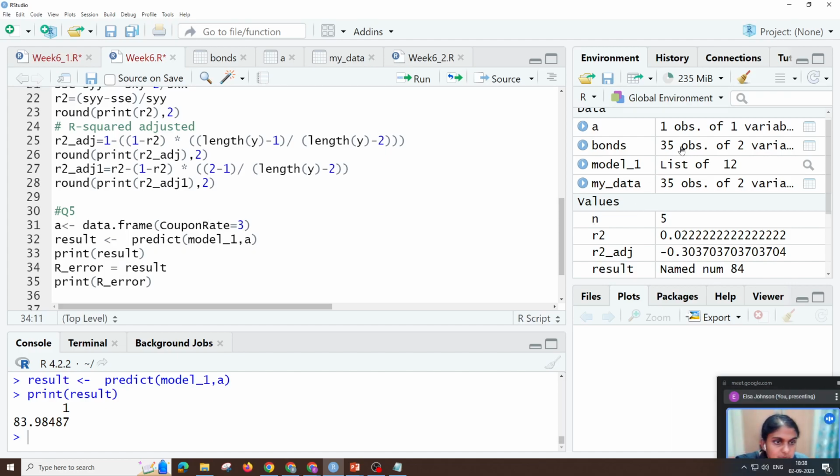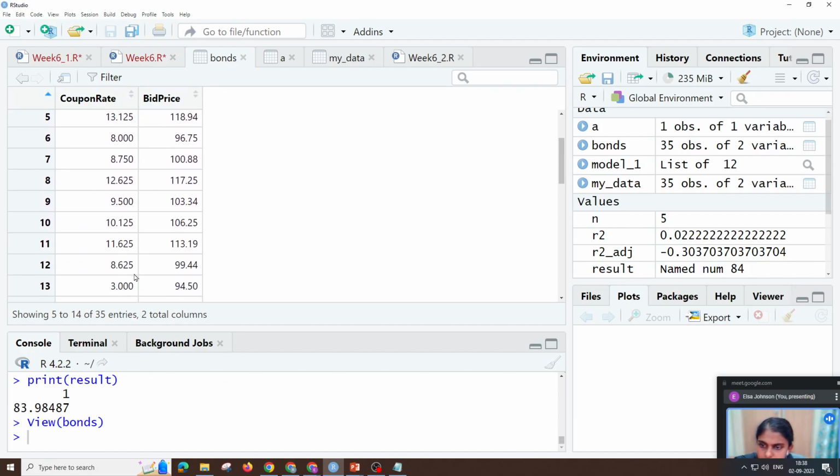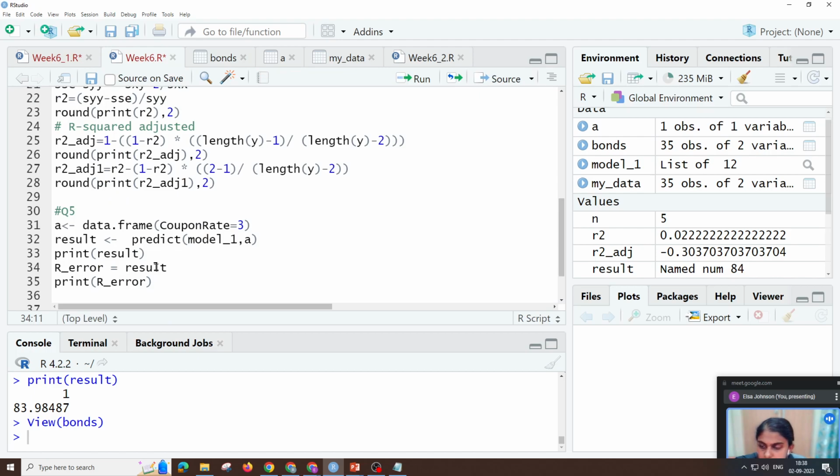So the y value is like 94.3, I think. Okay, so you have to put that value minus the current value. The third value is 94.40, so I had to include that also in my data frame.